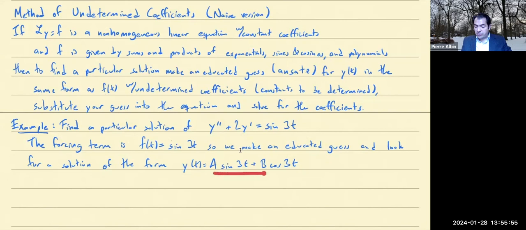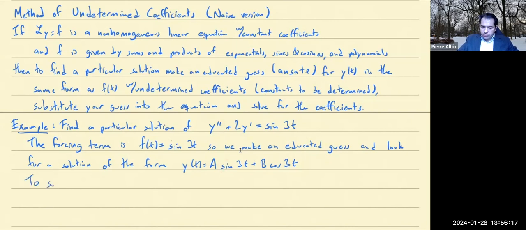So this expression is closed under differentiation. So it's a much better guess than just plugging in sine of 3t or just plugging in cosine of 3t. Okay, so that's why we guessed something like this. So let's try it and see.